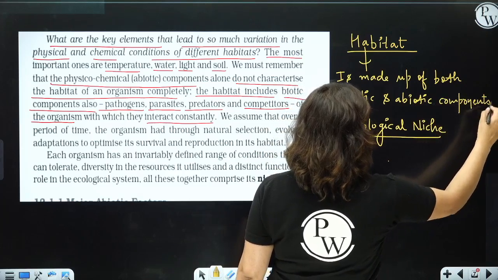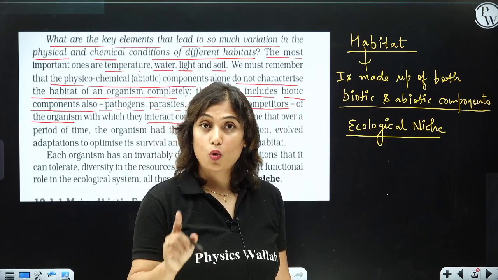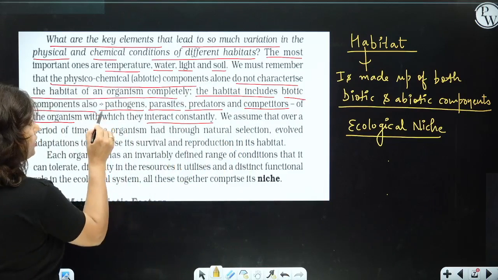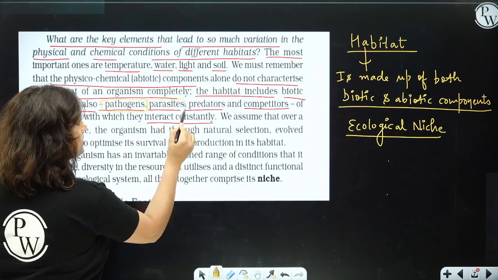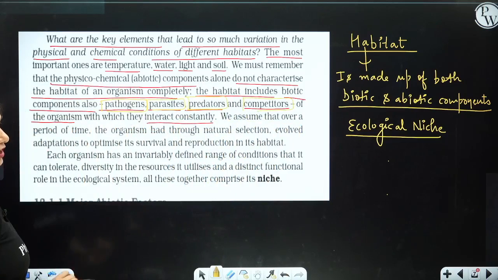What are the abiotic components? Light, water, temperature, soil. And what are the biotic components? The pathogens, the parasites, the predators, and the competitors. These all are the biotic agents.